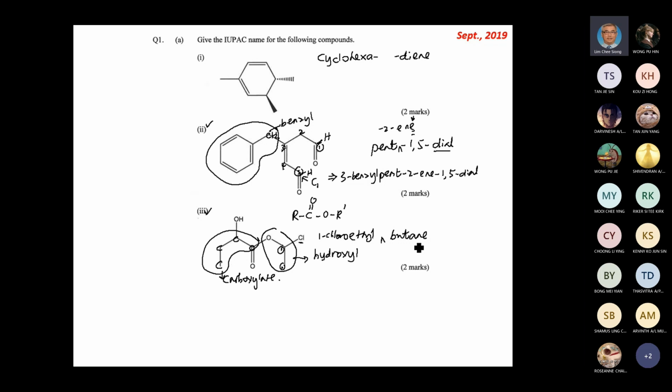And you have to know this ester, we have to end with OATE. Cancel the E and connect it over here. Carbon number 1 and 2, we got hydroxy, so it should be 2-hydroxy. So now we combine together, the answer becomes 1-chloroethyl 2-hydroxybutanoate.